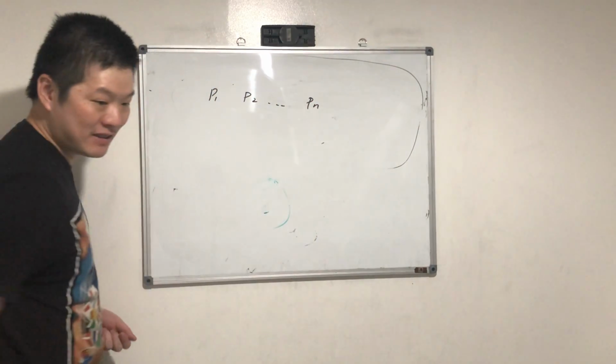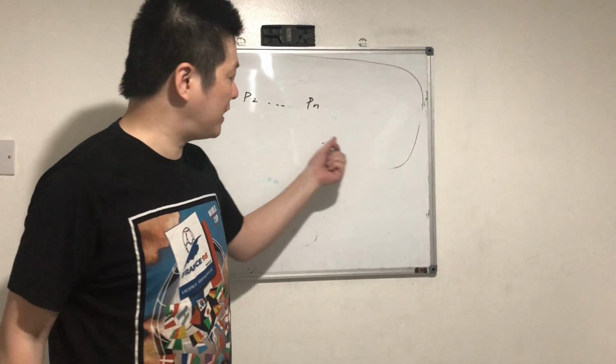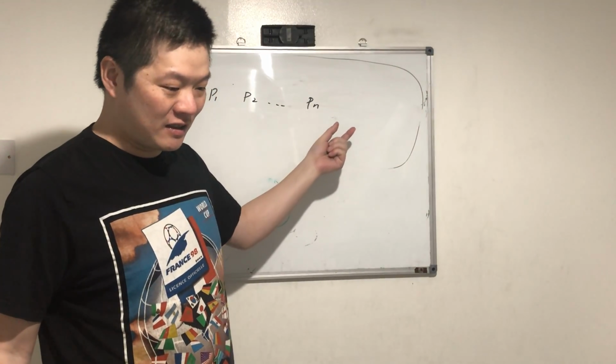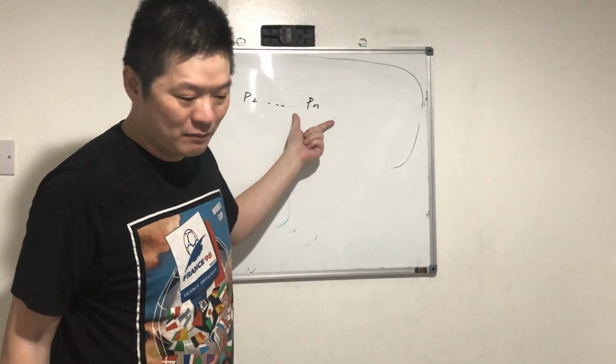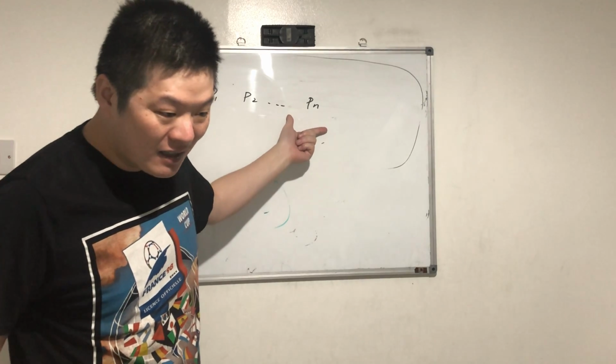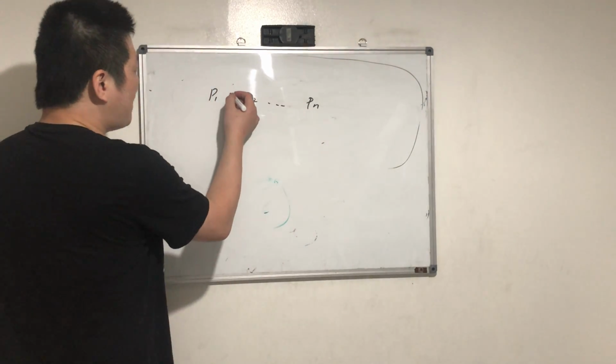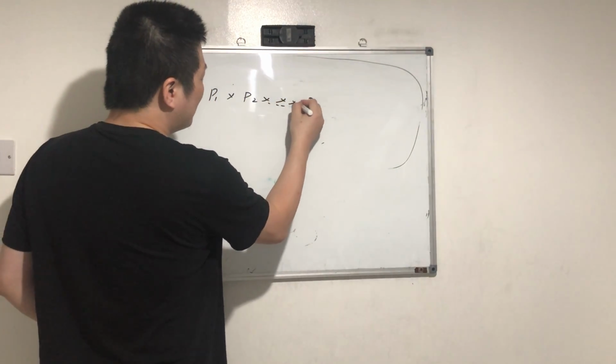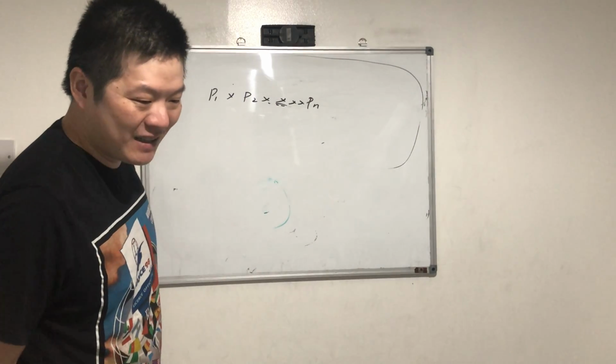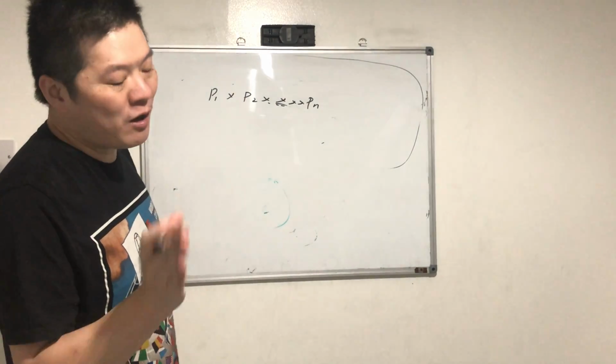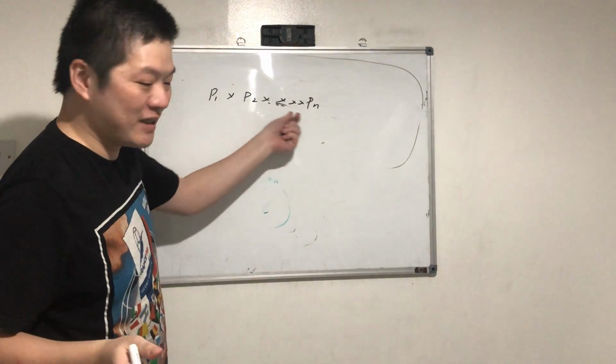If it's finite, there are only n prime numbers. How about if I multiply them together? That would not be a prime number, right? Because you can find these factors.